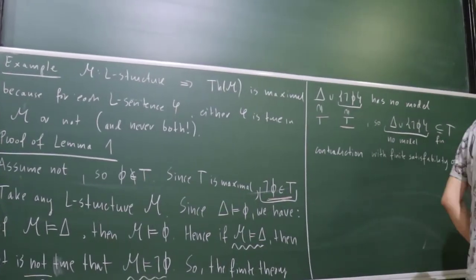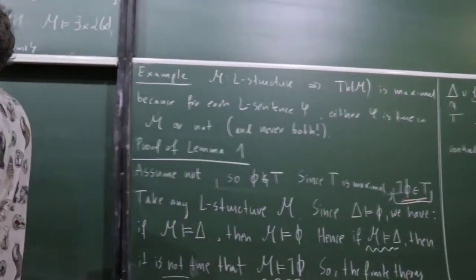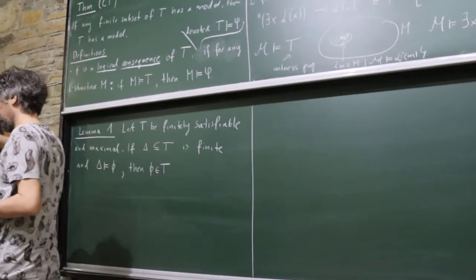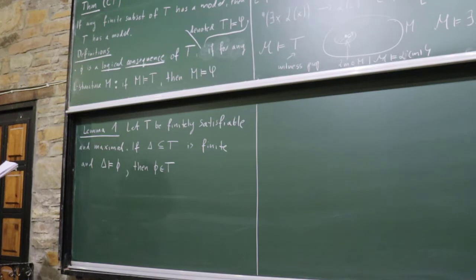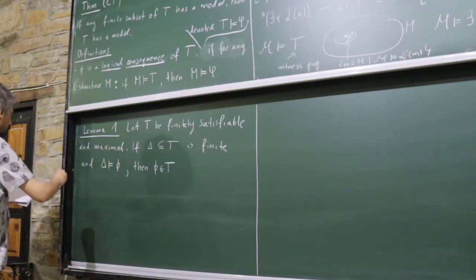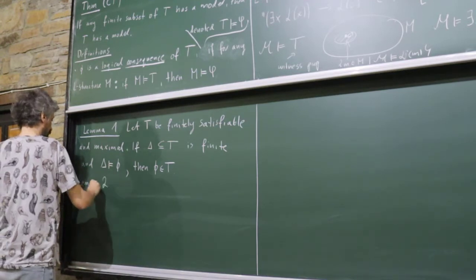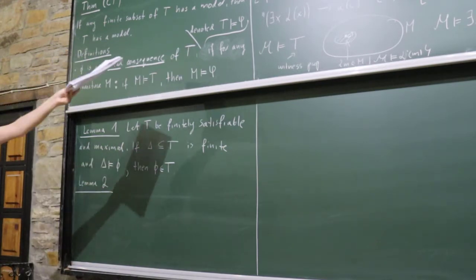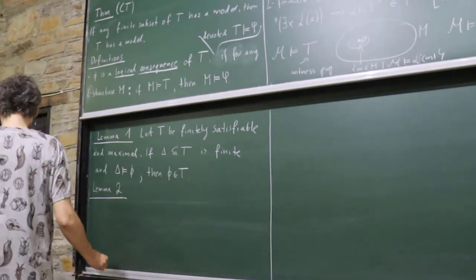So now we construct the model in Lemma 2, but we put more assumptions than in the compactness theorem, and in the next lemma we will notice that we can always add these assumptions. So Lemma 2 says that if T is finitely satisfiable, maximal, and has the witness property, then we can construct a model.